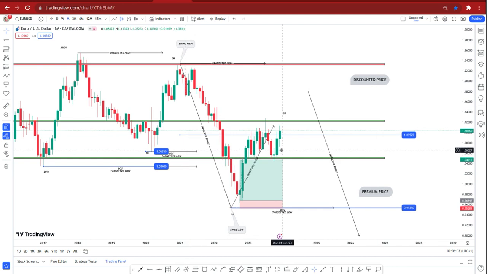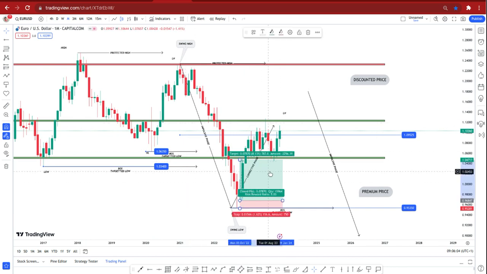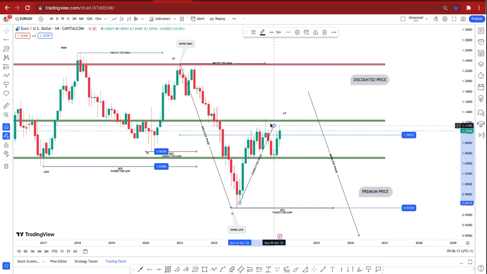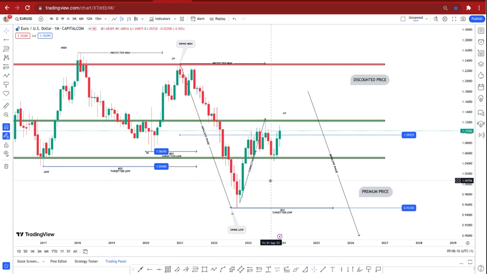So I won't want to join this corrective phase. I would love to join the impulse phase. This is the high for now, this is the low, so I would love to join my impulse phase, which is this phase here. Imagine I get an entry around this zone, after confirming this bearish engulfing.